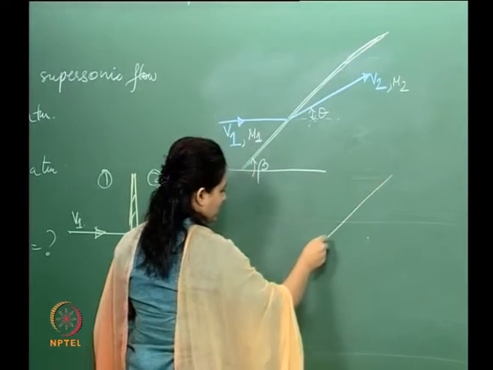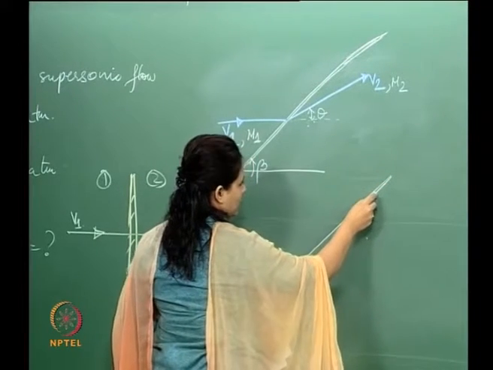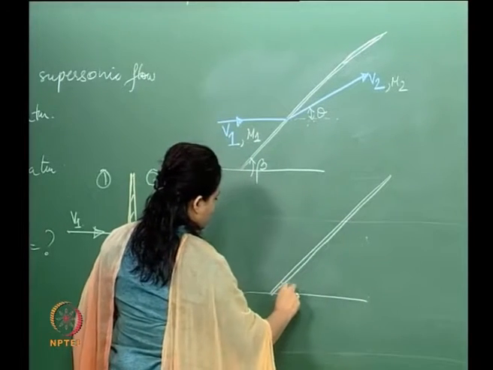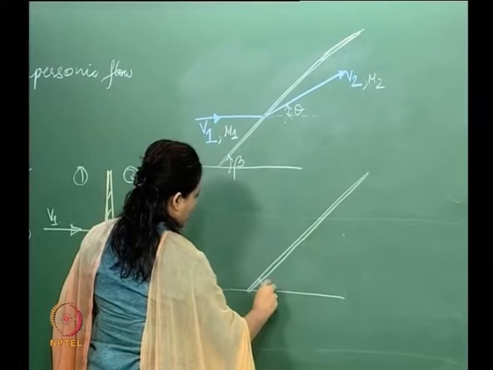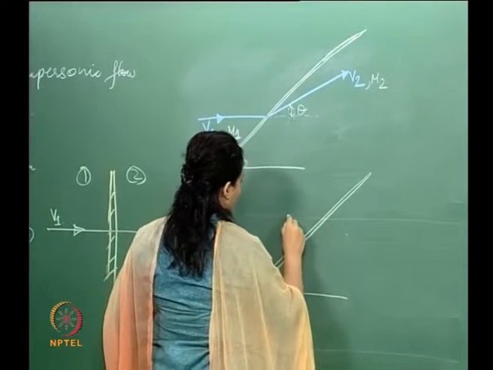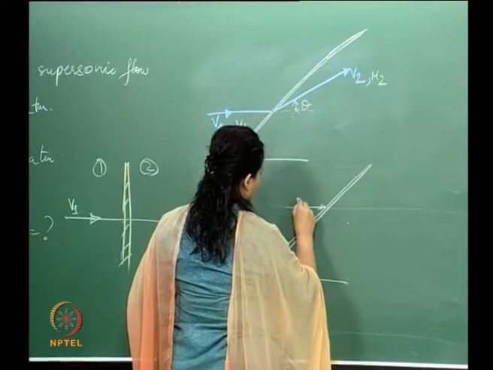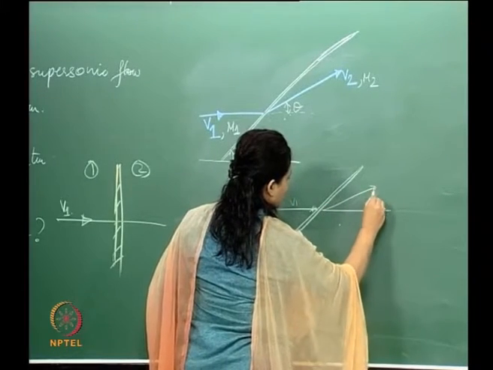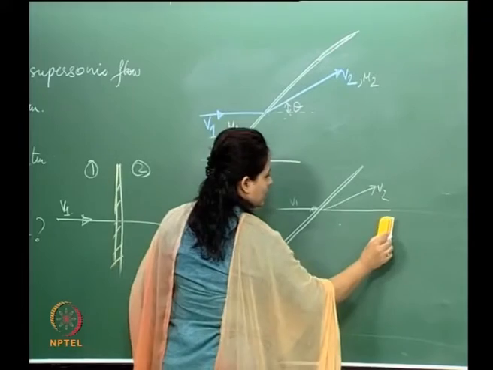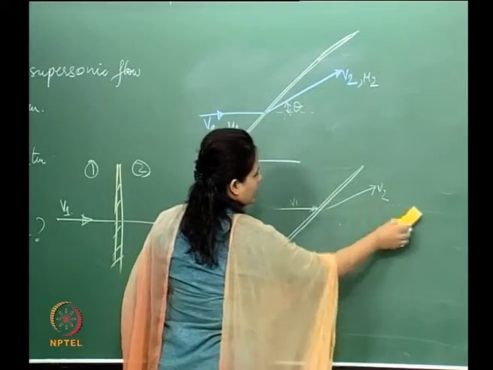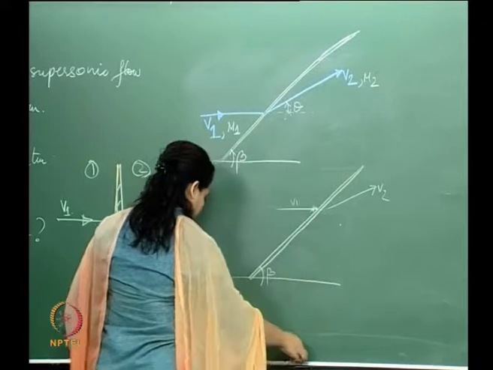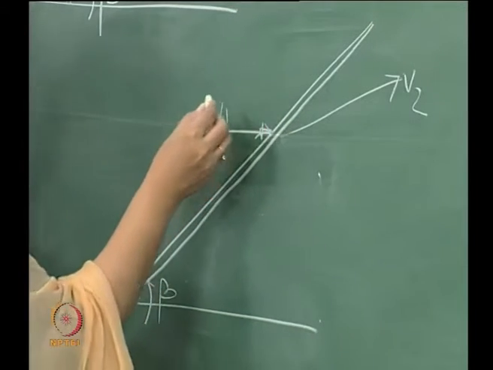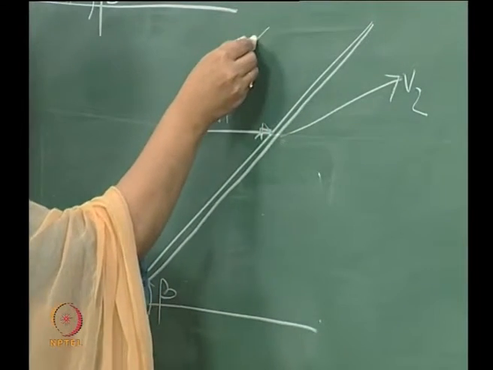What I want to do is, this is my V1 and this is V2. Okay, now let us do this over here. Now what we will do is we will draw a control volume like this.